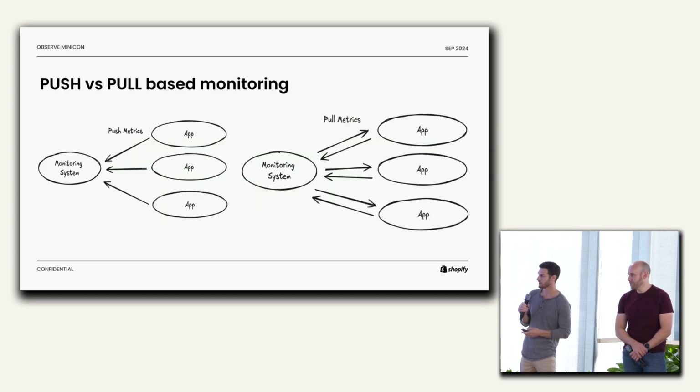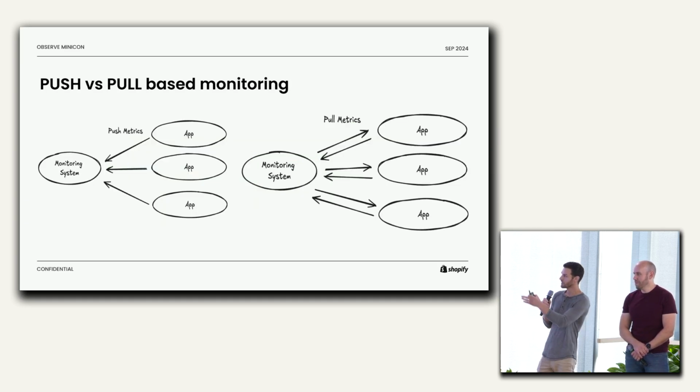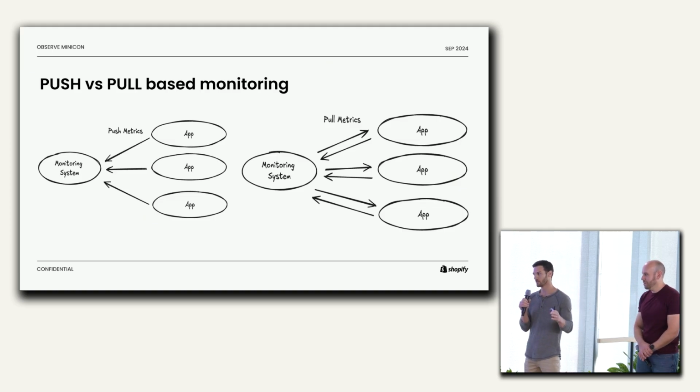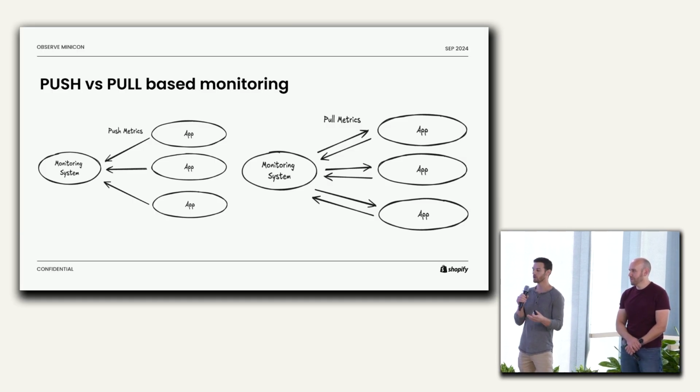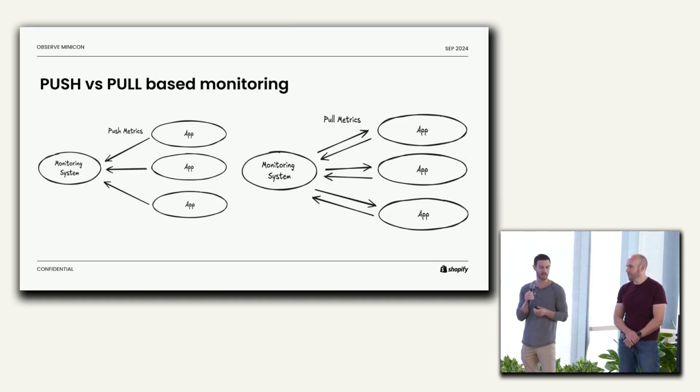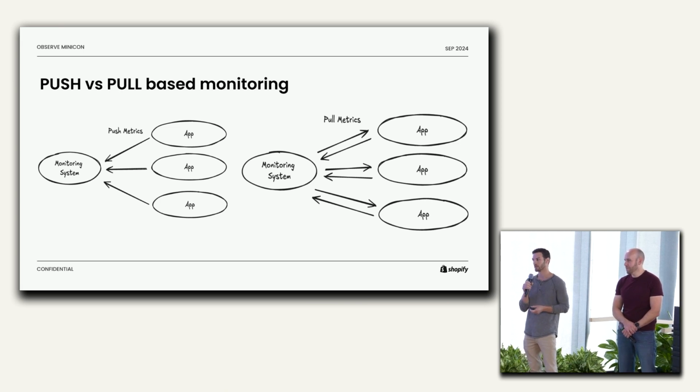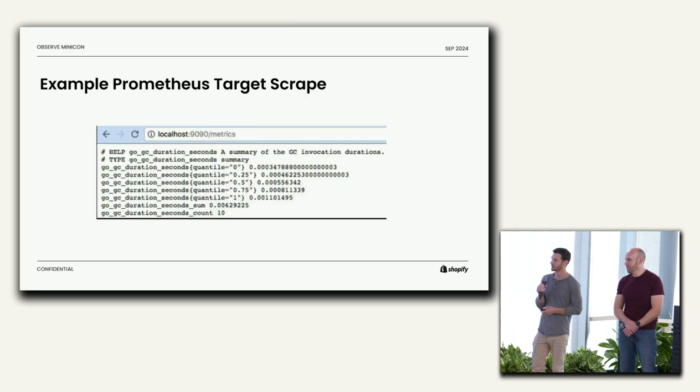So if we go back here, every single one of these app bubbles, in the Prometheus world, we can just talk about as targets. They could be an app, it could be a node, it could be anything that has a hosted endpoint that exposes Prometheus native metrics. And this is what that endpoint could look like.